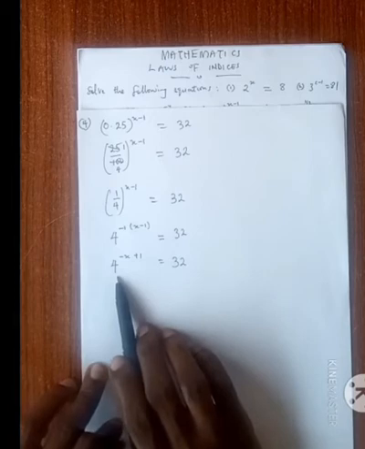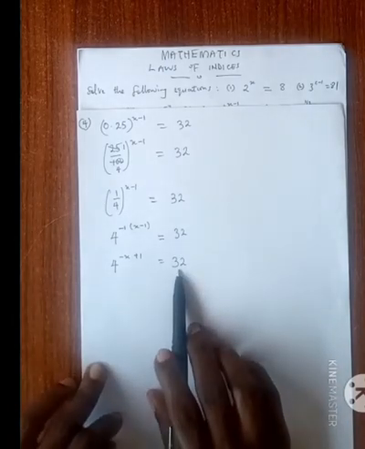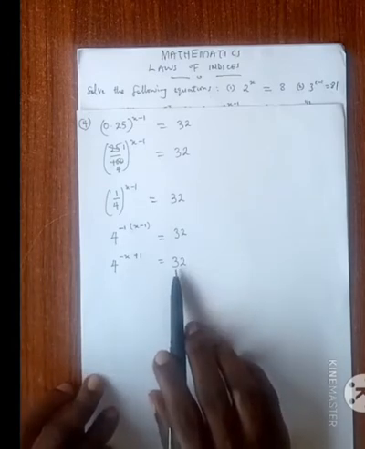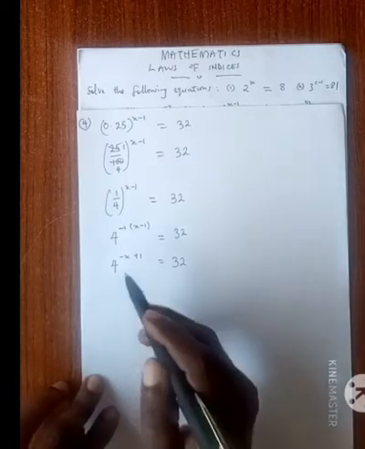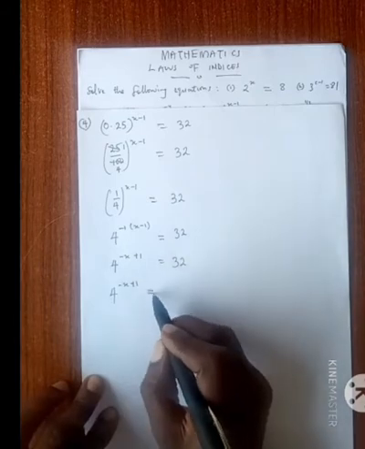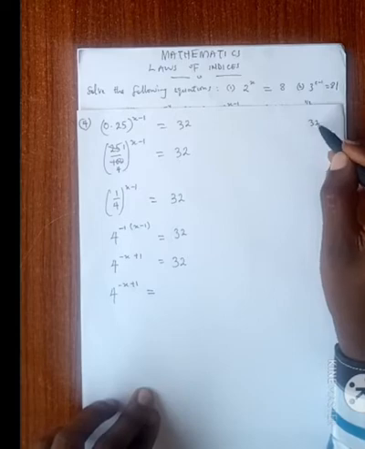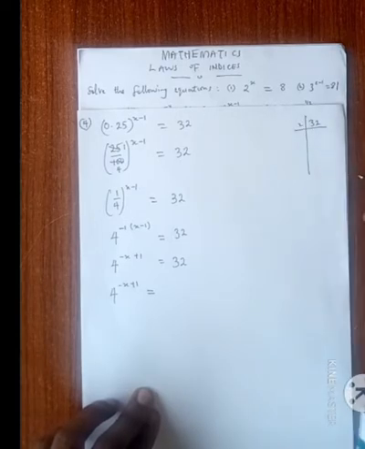This first expression is in index form, while what I have here is just a number, or what we can call an ordinary number. So it's also very important we adjust this number to what? To a number in index form. So that becomes 4 raised to power minus x plus 1 is equal to, so how do we express 32 in index form? So that is by reducing it. So we start from 2 until the number becomes what? 1.